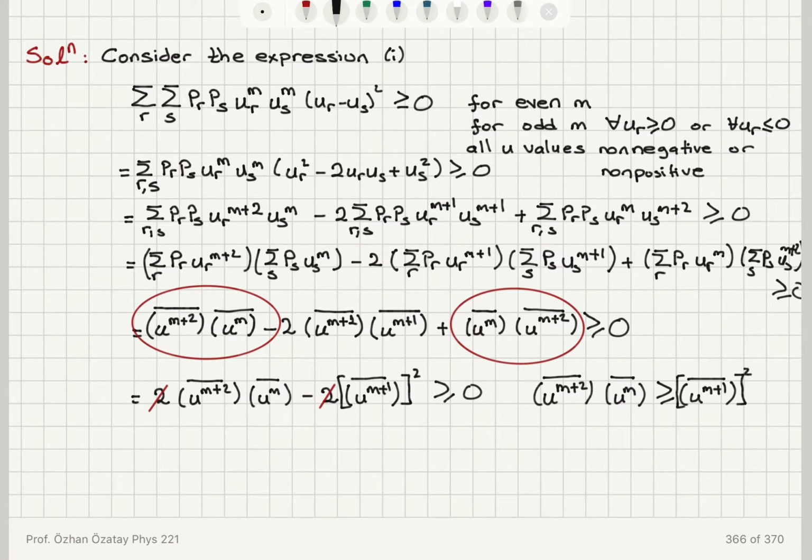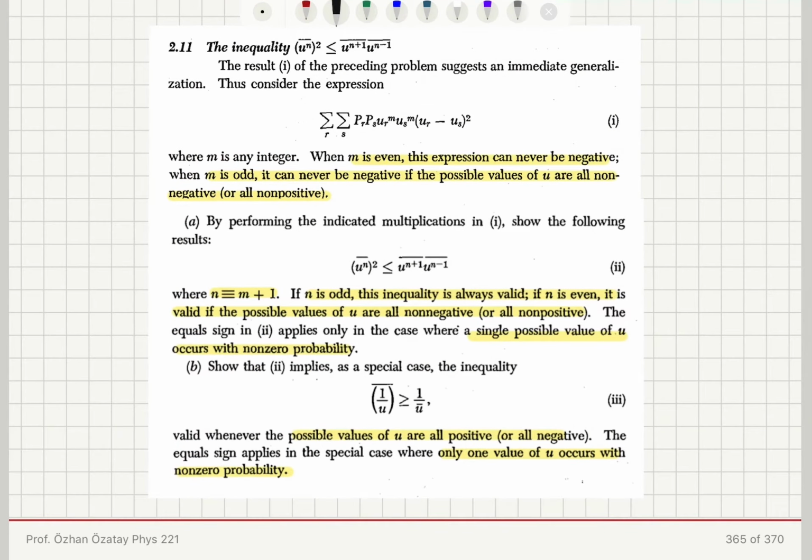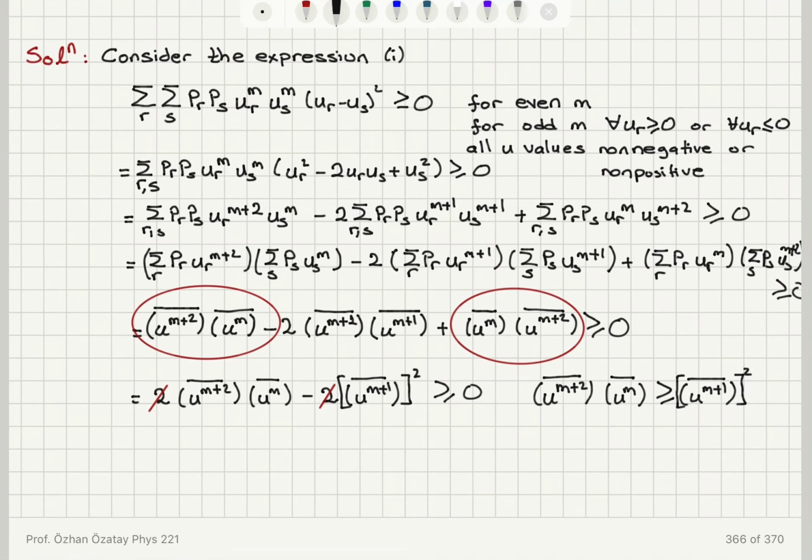squared. Now, in the problem statement, we define n as m plus 1. So, if n is equal to m plus 1, then for m I substitute n minus 1. So with this substitution, my result becomes u to the power m plus 1 mean value, and this is u to the power n minus 1 mean value is greater or equal to u to the n mean value squared.